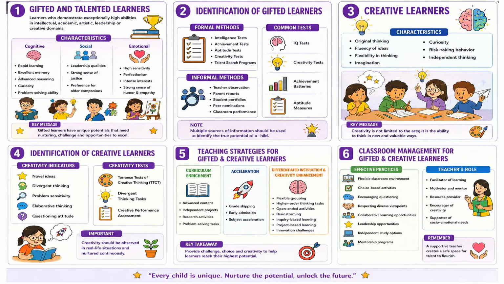When we talk about children with special needs, we look at children who have a certain kind of academic problem, maybe due to sensory impairment or some kind of intellectual disability. But at the same time, we also need to go through material in which we get some understanding about gifted and talented learners also.